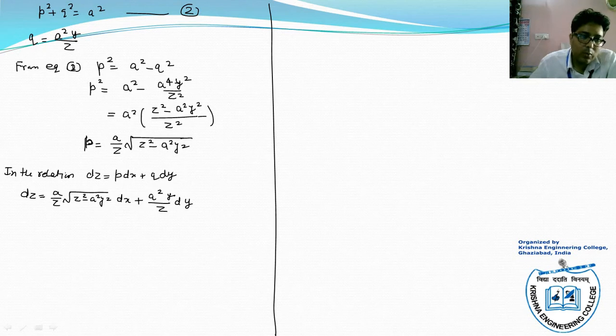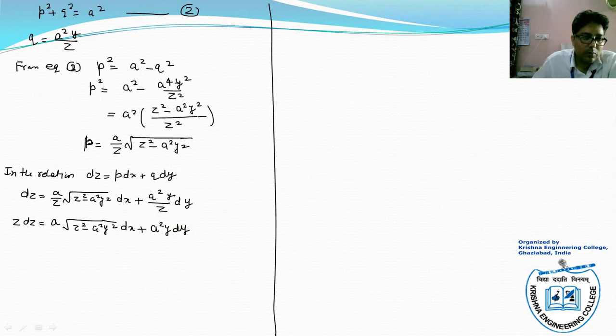Multiplying the whole equation by z, this becomes z dz is equal to a under root z square minus a square y square into dx plus a square y into dy.